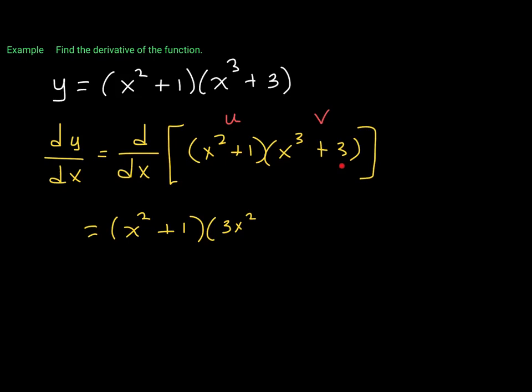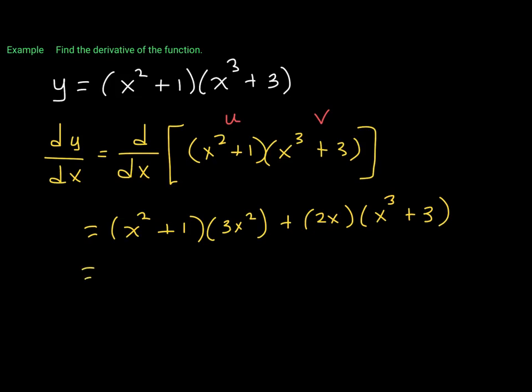And then the derivative of 3, that's a constant term, so that's just 0. So the derivative of that second function is just 3x squared. Now, plus the derivative of the first function, which is just 2x, right? Times the second function. Cool.